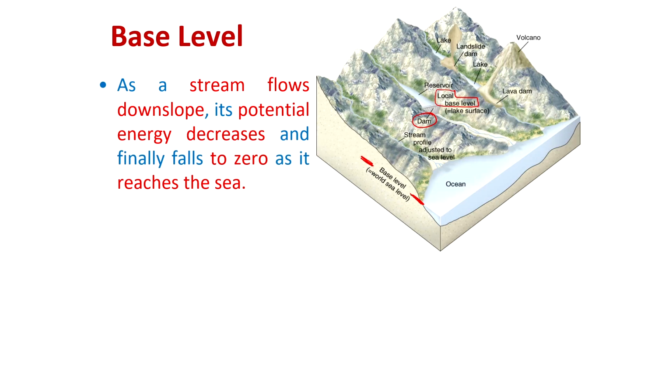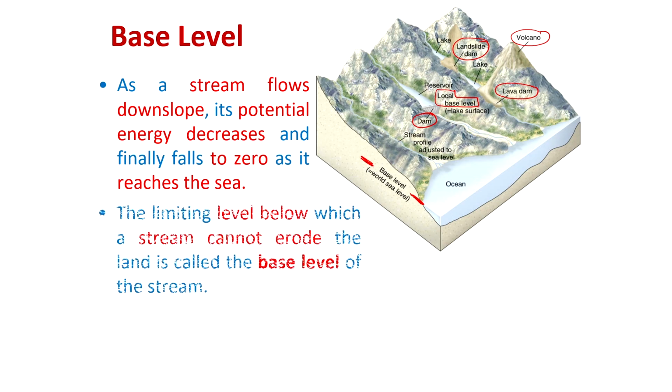Then another part is that if there are volcanic eruptions, they can result in dams, lava dams we will call them. If we have landslides, they can also result in dams. Now if these landforms are formed, that will also result in a change in the base level of the upstream side.